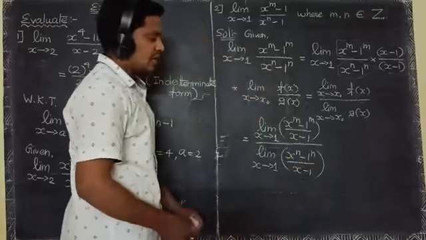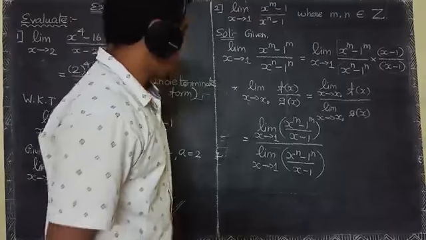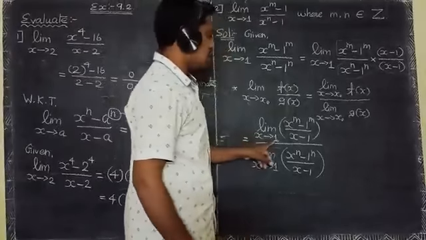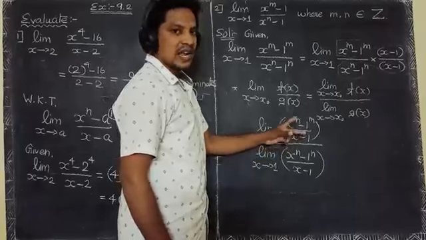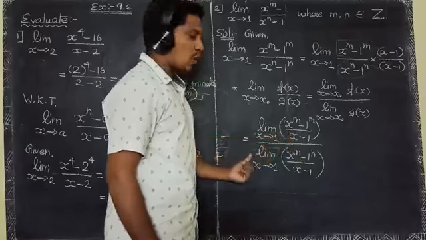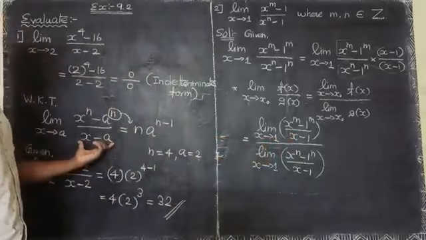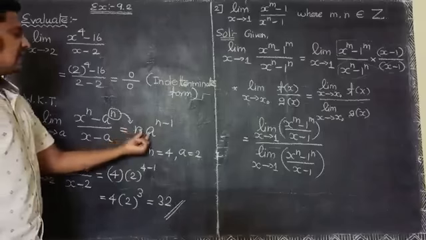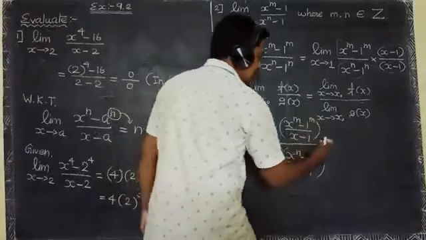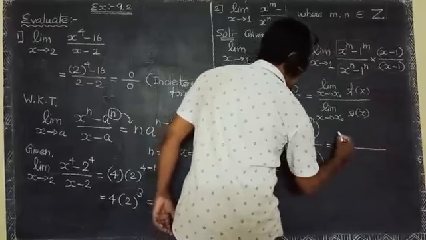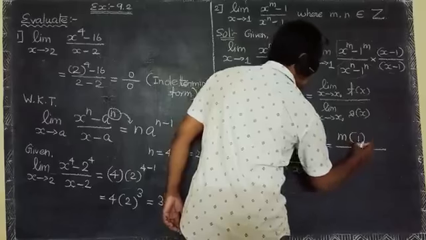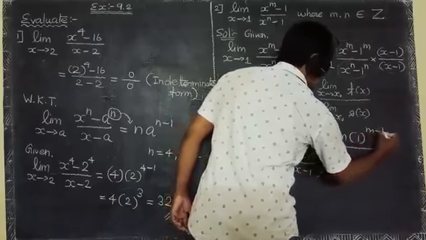Here apply the limit, that is substitute x equal to 1. We have an indeterminate form. So using this property, n into a power n minus 1. Similarly, the numerator is m into a power m minus 1, and the denominator is n into a power n minus 1.